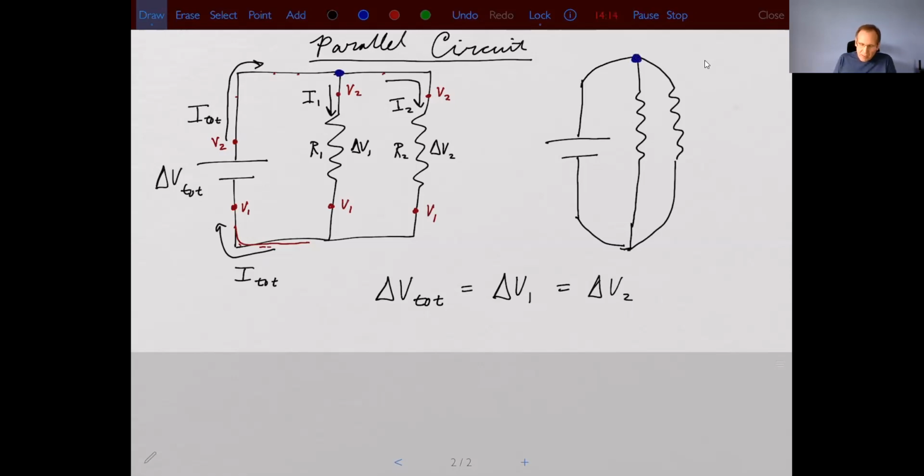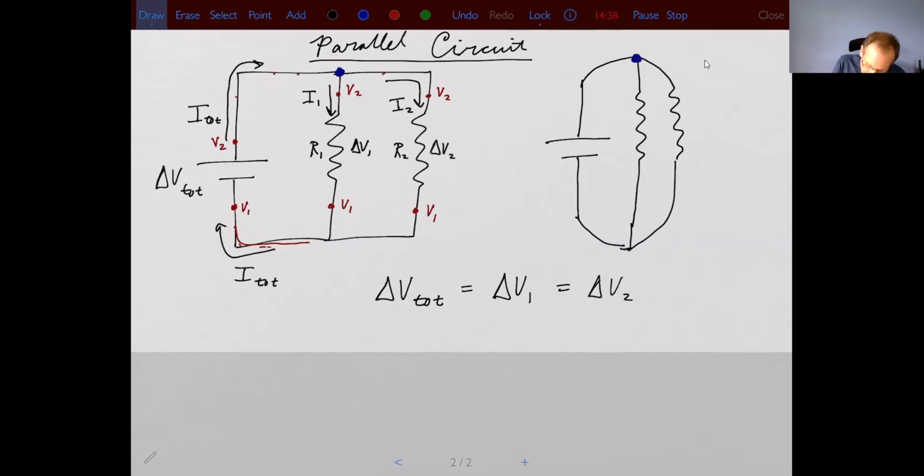It turns out, because of conservation of charge, whatever current goes into that node must equal the current leaving the node. In this case, if I look at this blue node up here, I have I total coming in and I have I1 and I2 coming out. So I total must equal I1 plus I2.